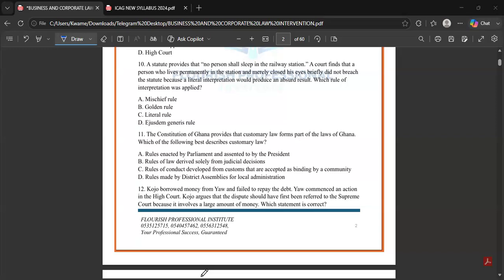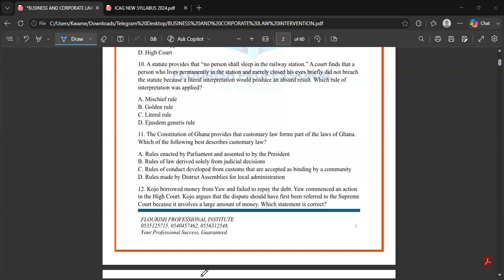So the golden rule modifies the literal rule to avoid that. From the question, the court said the person did not breach the statute because the literal interpretation will produce an absurd result. So in order to avoid the absurd result, they interpret the issue this way. So over here is the golden rule.